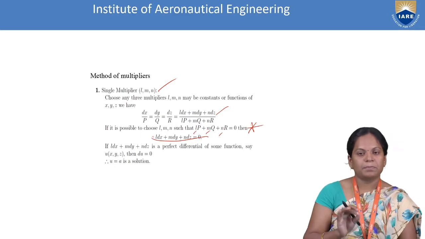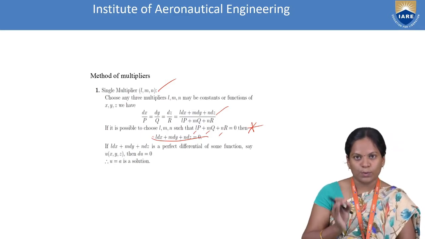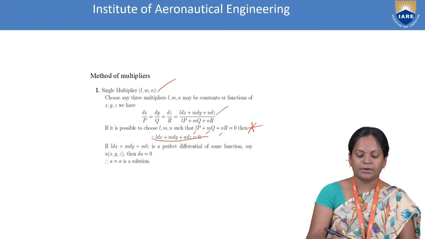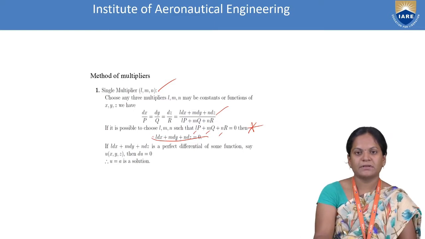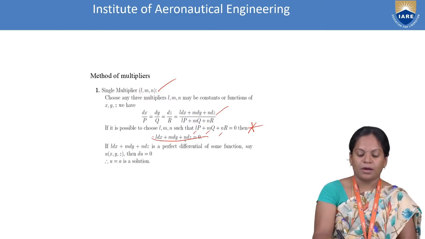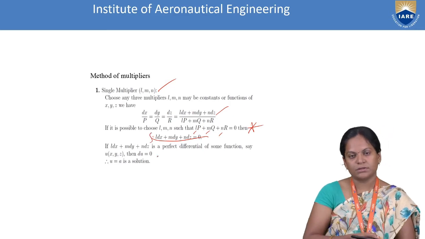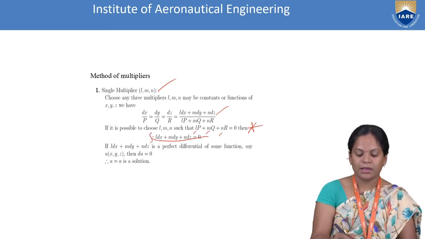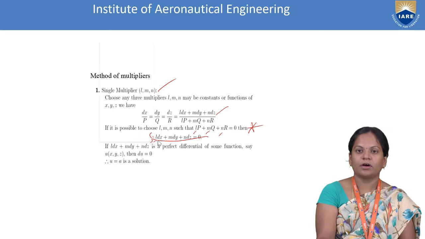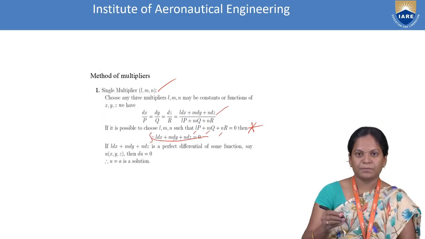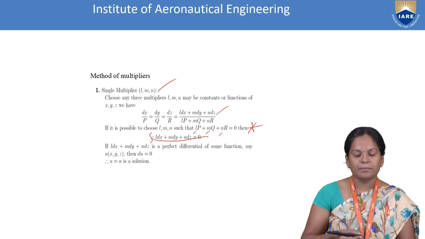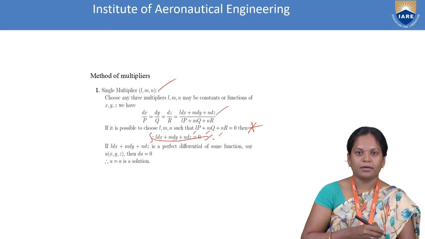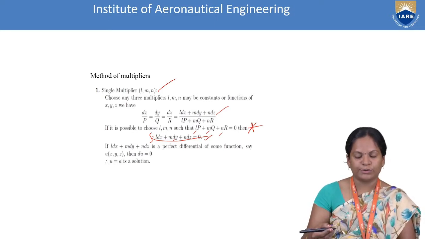Then we take l dx plus m dy plus n dz equal to 0. After integration, we get one solution. So l should be either a constant or a function of x, m must be y or constant, n must be z or constant. Then only we can take the integration, and we get one solution.